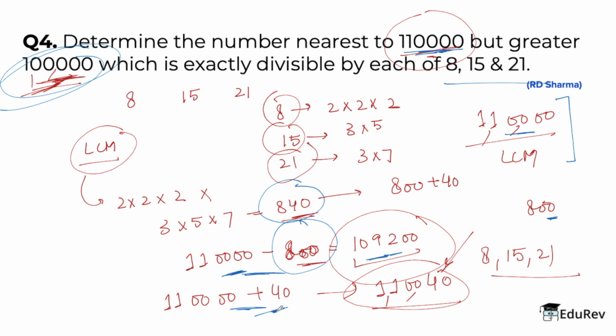Similarly, when I added 40, all these three numbers were able to divide this number. And out of these two numbers, the second number is closer to this and greater than this number. So I reported that my answer is going to be 110040. So this is the number that I am going to report for the answer. I hope you understood this.